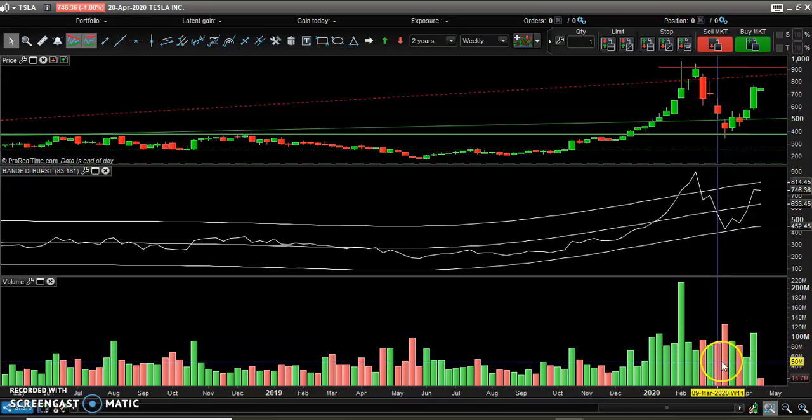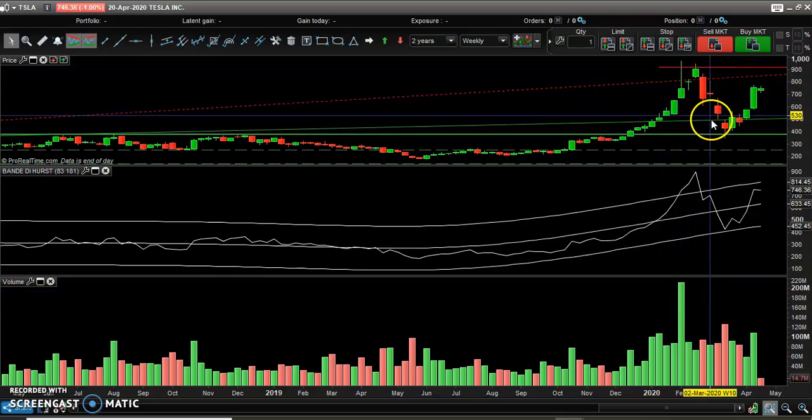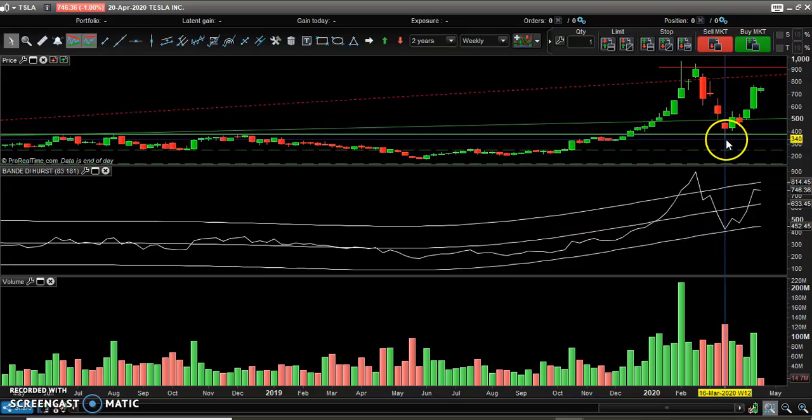Here we had a recovery, not really a pinball, but with a tail longer than the body and an increase in volumes, which means that those who were selling at this level most probably covered the position here, based on this volume.